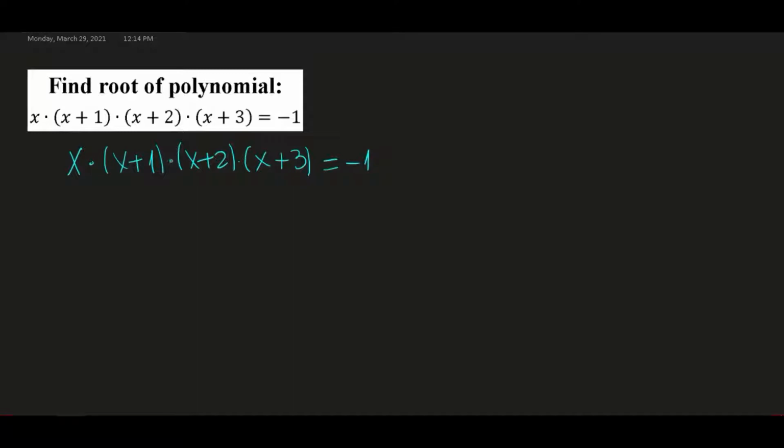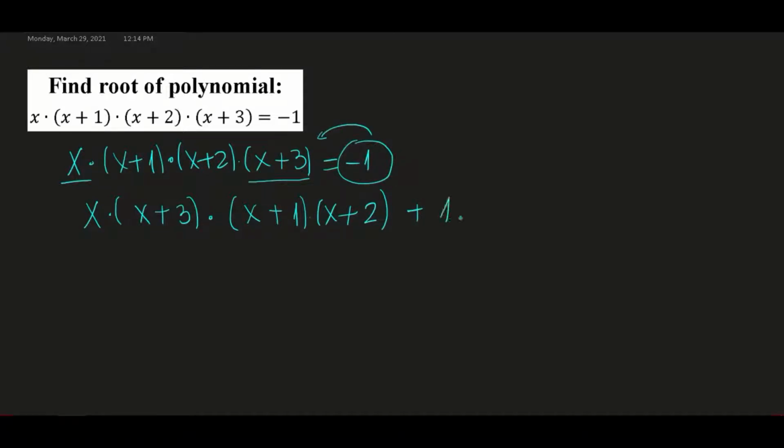When we have multiplication, we can change the place. Here and this we must change the place. X plus 1, x plus 2, plus 2, and here minus 1, when it changes place, is plus 1, that is equal to 0.